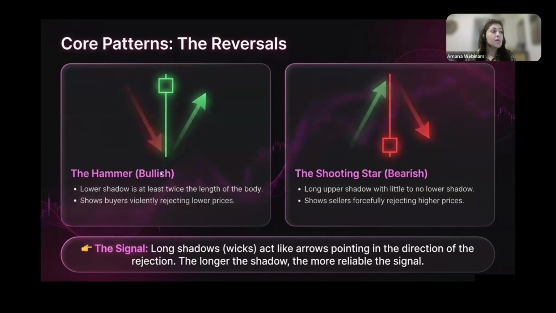But how you can make your entry stronger is by looking at supporting factors. For example, you might have two of such formations adjacent to each other, one after the other, which will make your thesis stronger that buyers are now coming back in the market and they might move the market upwards.